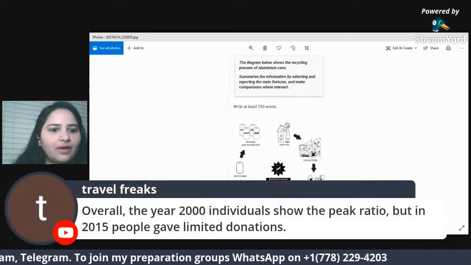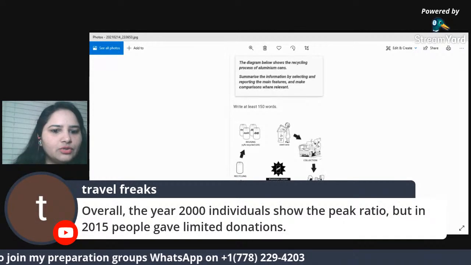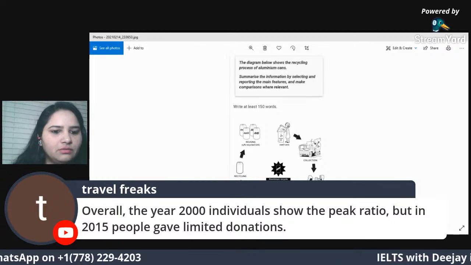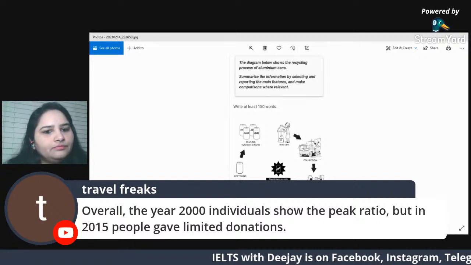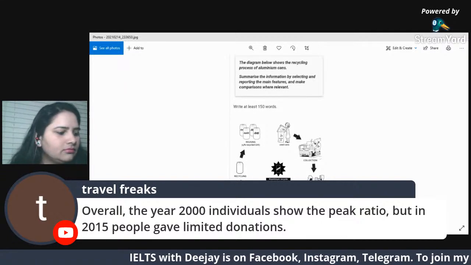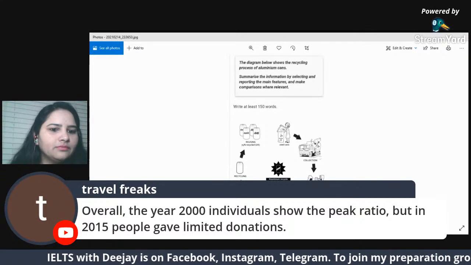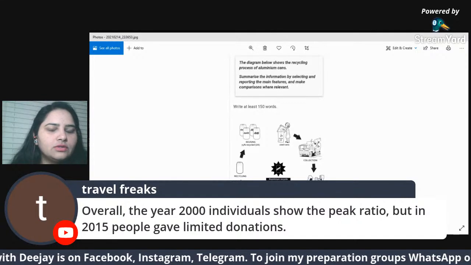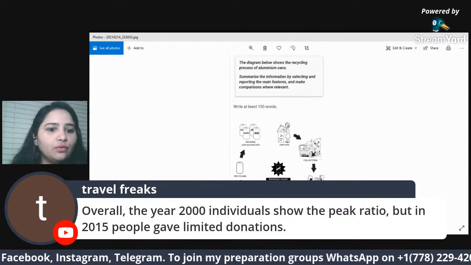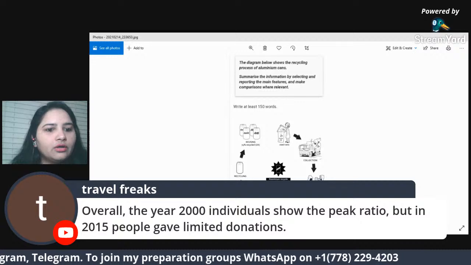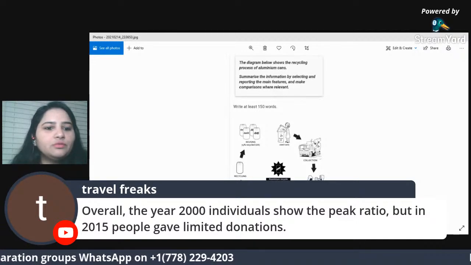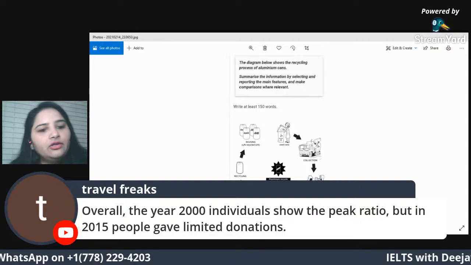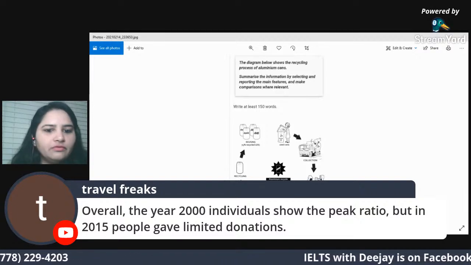Overall, the year 2000 individuals show the peak ratio, but in 2015, people gave limited donations. See the problem. You are saying in the year 2000, individuals showed, because you are talking about the past. Here comes the problem. Then you have written gave. That is perfect.